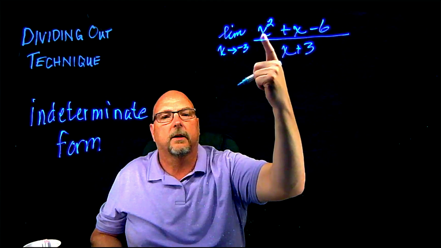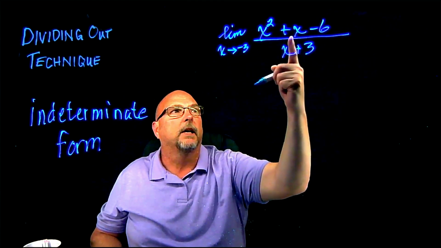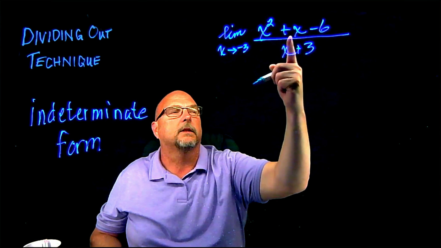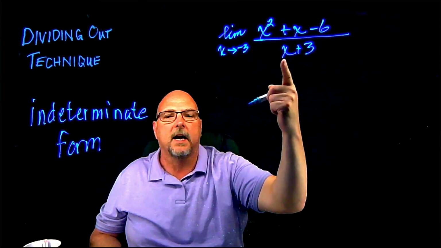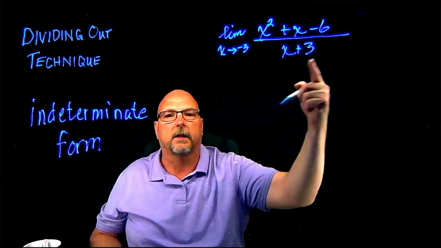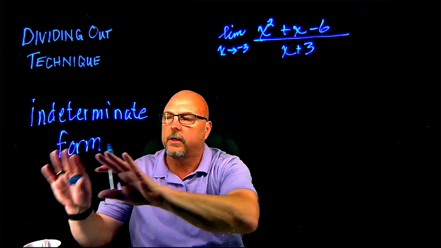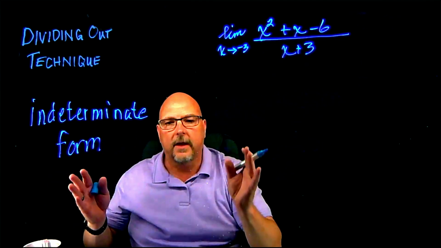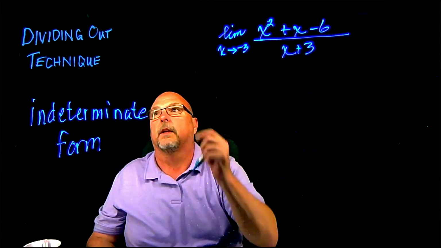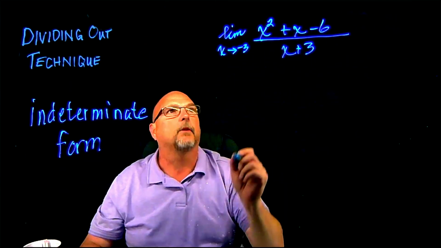If I go to direct substitution, negative 3 times negative 3 is 9, minus 3 is 6, and 6 minus 6 is 0. And in our denominator, we have negative 3 plus 3. So direct substitution is going to yield this indeterminate form of 0 over 0. That means there's something else I can do, and that something we're talking about today is the dividing out technique.